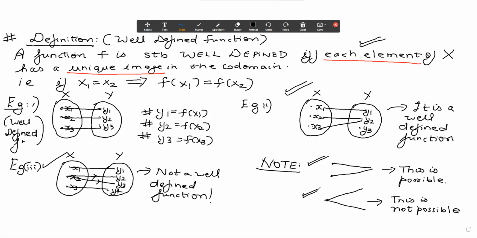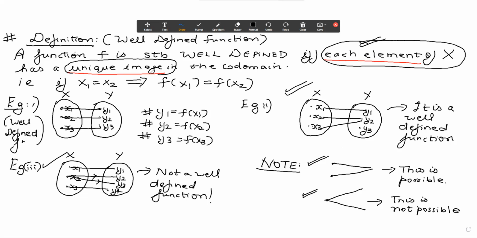So I hope all students attending the lecture have understood the definition of a well-defined function. For a function to be well-defined, two things should happen. Every element of x should be related. That means arrows should be going from every element of x, and they should be going to exactly one element in y.